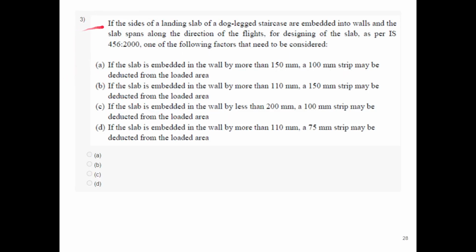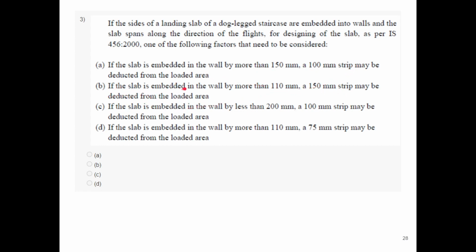Third question. If the sides of a landing slab of a dog-legged staircase are embedded into walls and the slab spans along the direction of the flights, for designing of the slab as per IS 456 2000, one of the following factors that need to be considered is: A, if the slab is embedded into the wall by more than 150 millimeter, a 100 millimeter strip may be deducted from the loaded area.